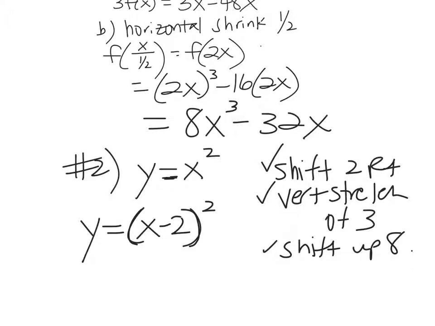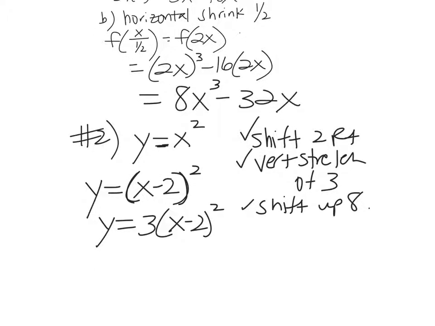A vertical stretch of 3 takes that constant 3 and multiplies our equation by that. So we would get y equals 3 times x minus 2 squared. You do not need to FOIL that out. You don't need to distribute the 3. Leave it alone. And then after I've done those things, I'm going to shift it up 8. Plus 8 on the end. And the 8 is not affected by the 3 out front. Okay? And that would be your answer.